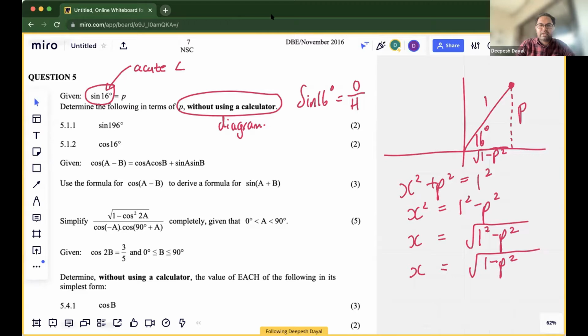Let's have a look if I've got any answers. You're welcome to type your answer in the chat. That would be really great. Sine 196. Okay, Timoneng's given me an answer. What about the rest of you? You can share your answers.